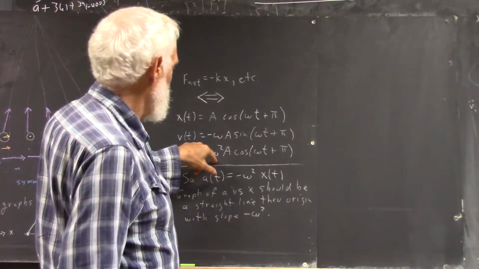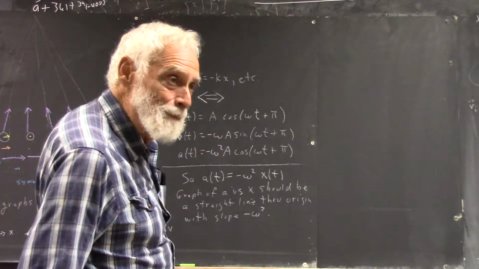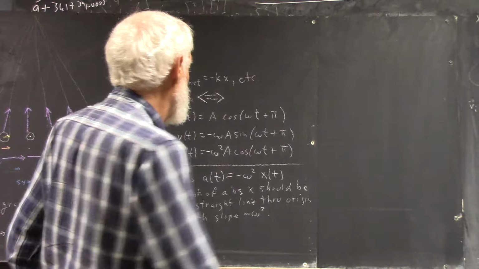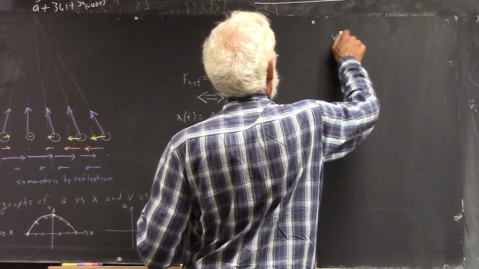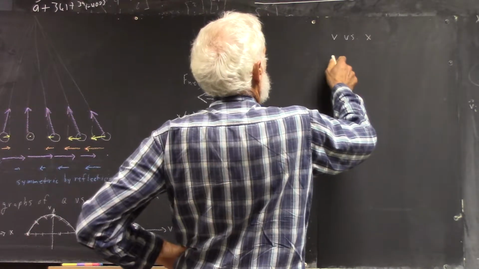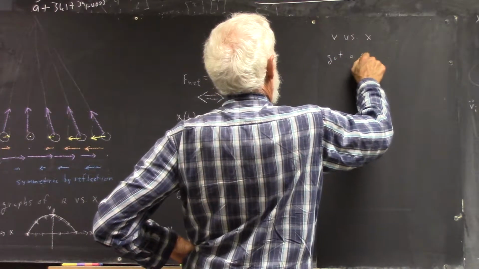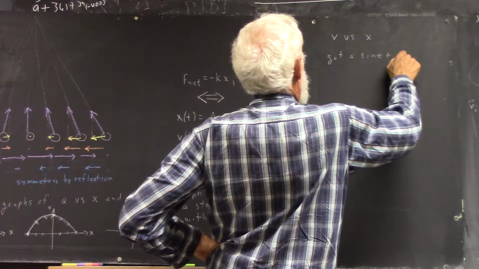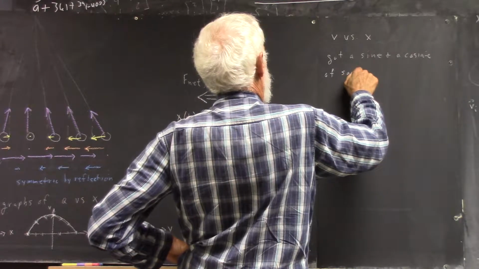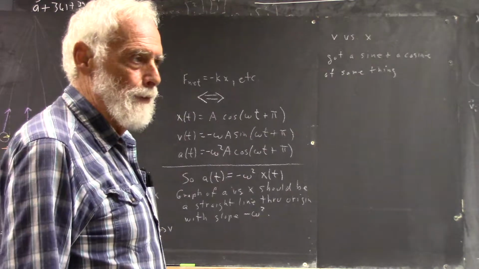Instead of just observing that this is a negative constant multiple of this, so you do expect a decreasing straight line through the origin, here you've got a sine and a cosine of the same thing.